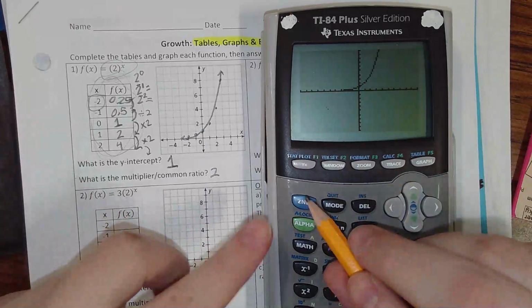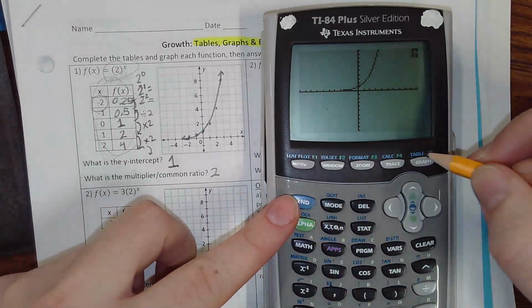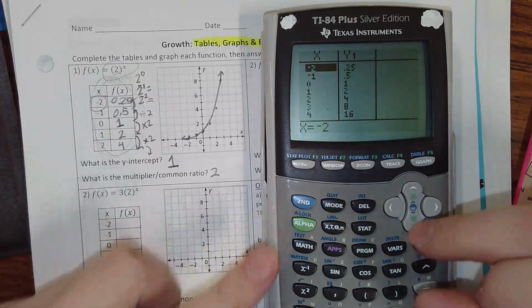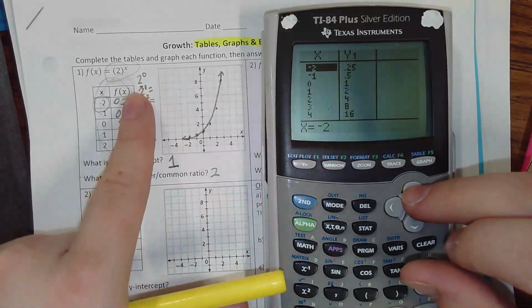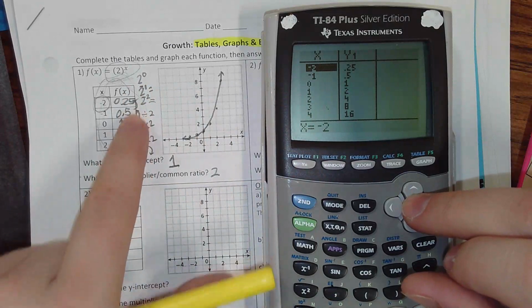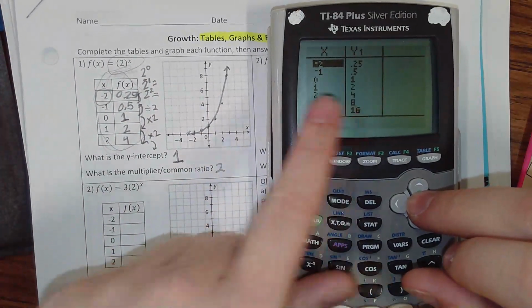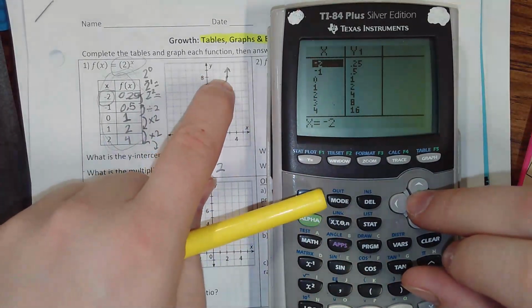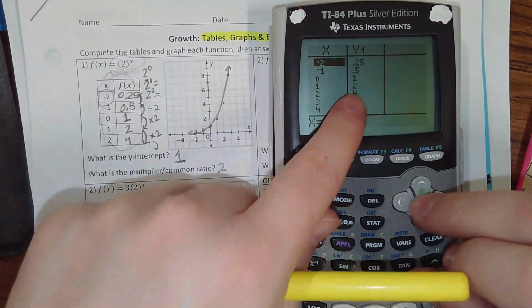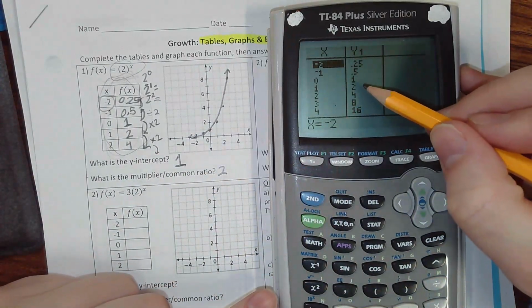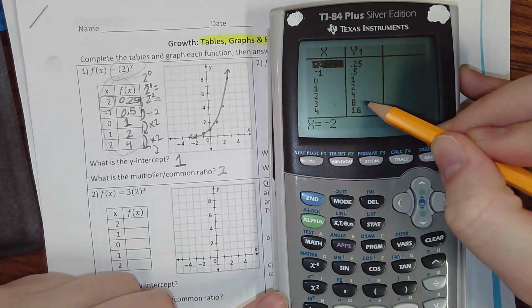So I'm going to press second, the blue button, graph, to access the table. Look at how this table matches perfectly with the table that we created, even giving us the next number of 8 and the following number of 16. You can imagine what's after 16. Let's check. Keep multiplying by 2.